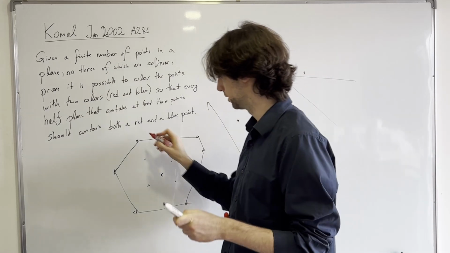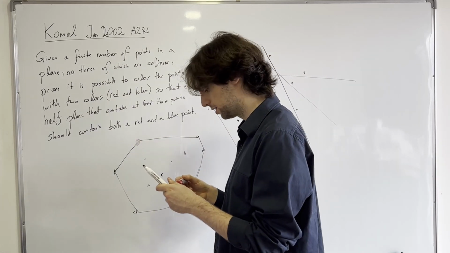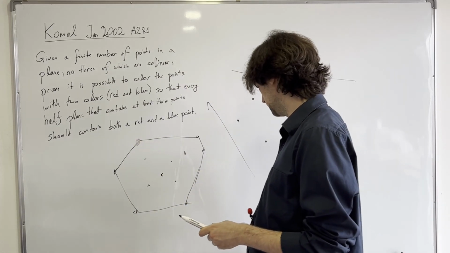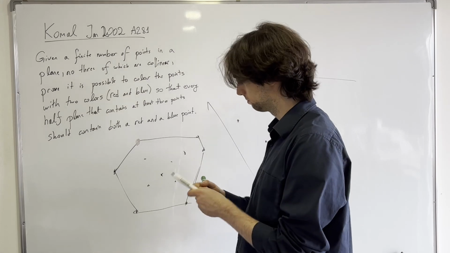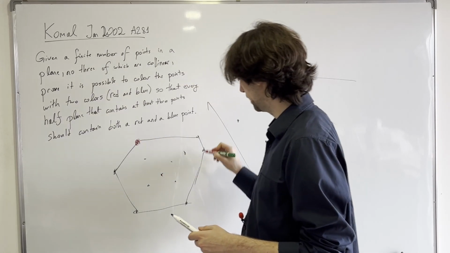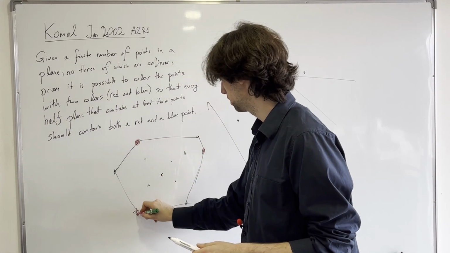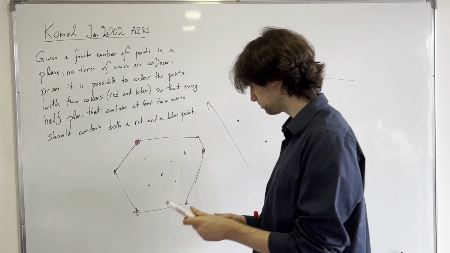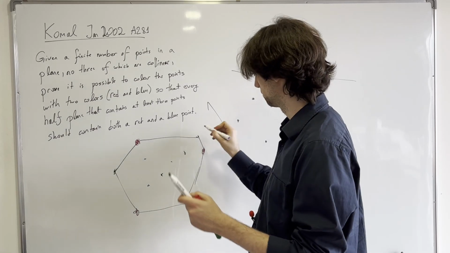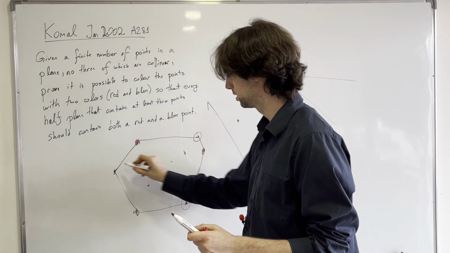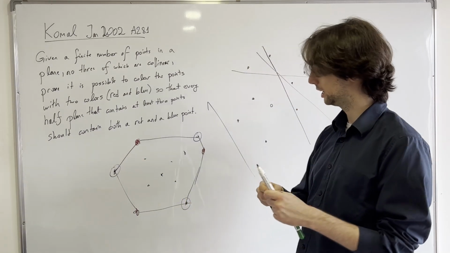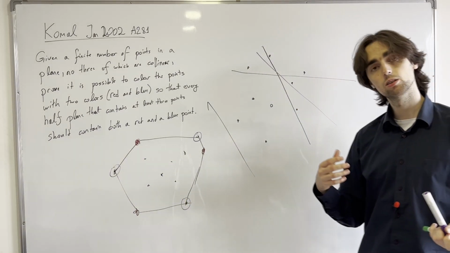Say to make this one red, though that's not a great color, red. So let me do this red, red, red, and color the other ones blue, blue. And now, what would you do?